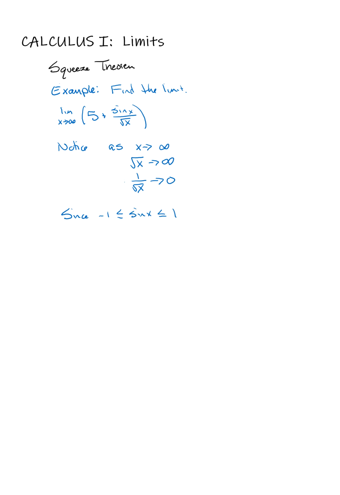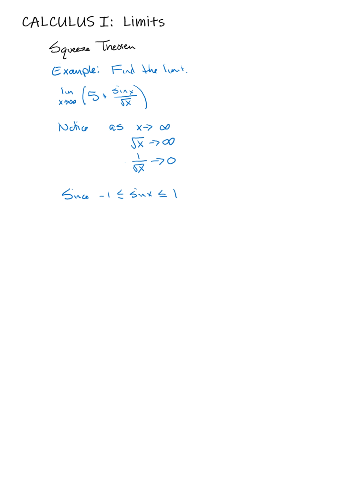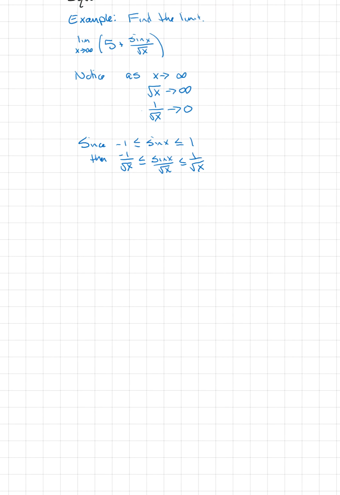Now, since I know the square root of x is a positive value, I can write that -1 over the square root of x is less than or equal to the sine of x over the square root of x, which is less than or equal to +1 over the square root of x. Again, this only works because the square root of x remains positive out here.